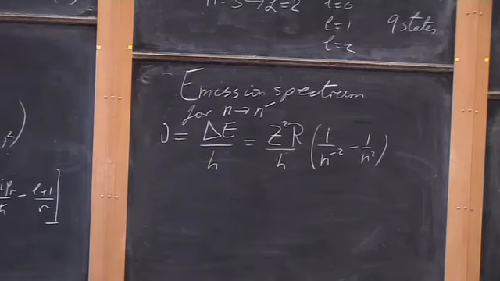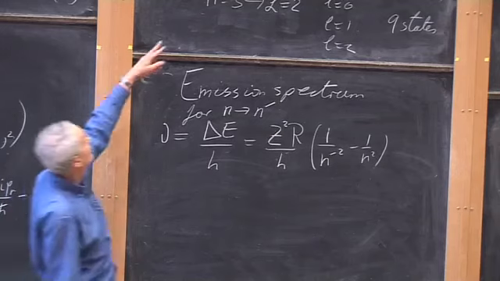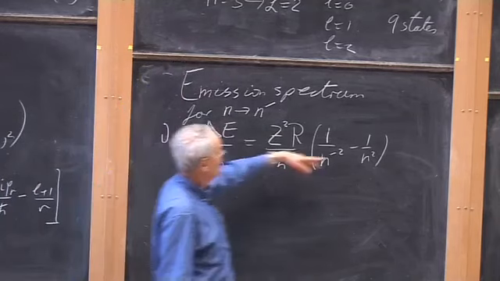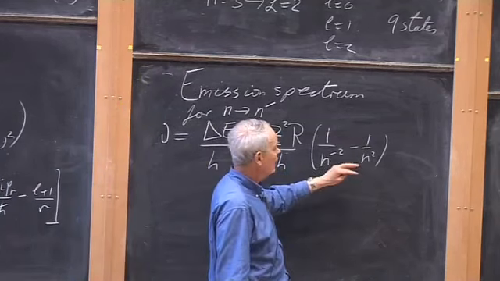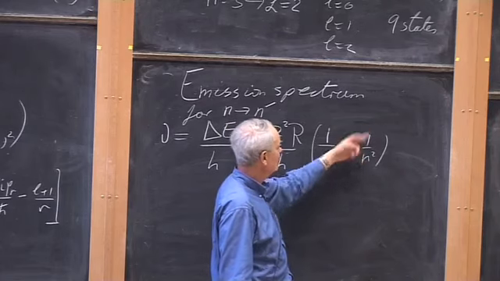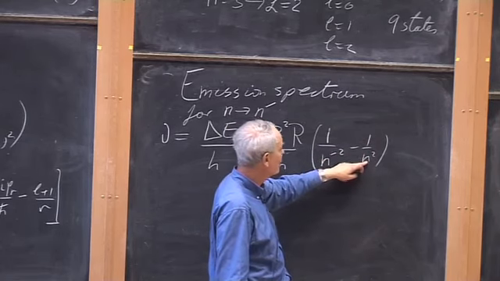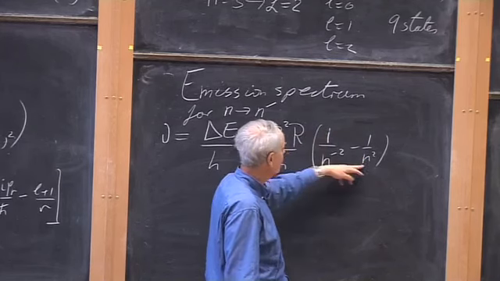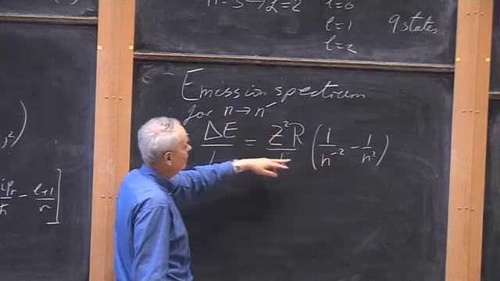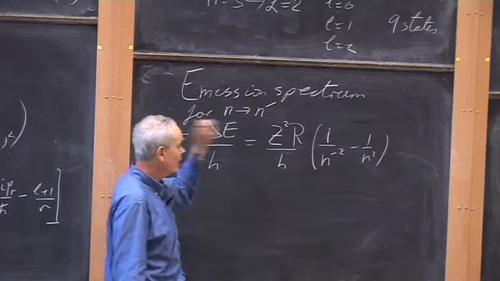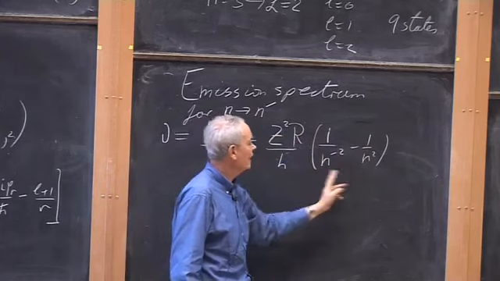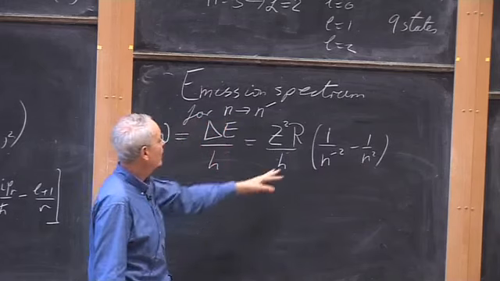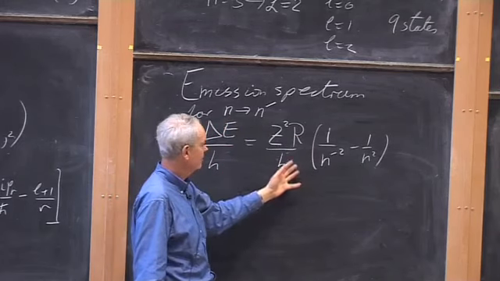If you were in one of these higher states, for example n equals 2, your energy will be a smaller negative number. You'll have 1 over 2 squared, a quarter here, and if you then fall down to the state n prime equals 1, this will be 1, so this bracket will be 3/4, and you'll get 3/4 of this number coming out.